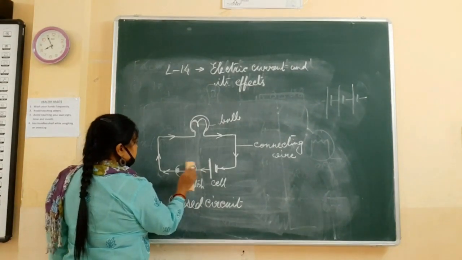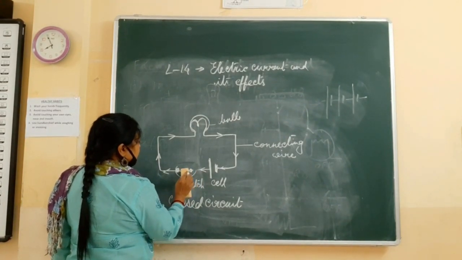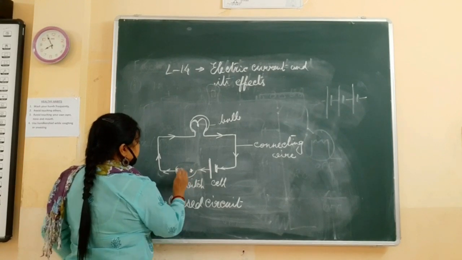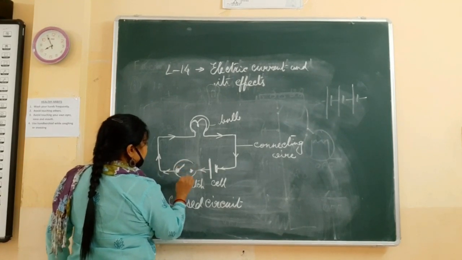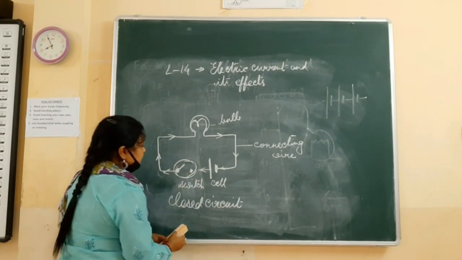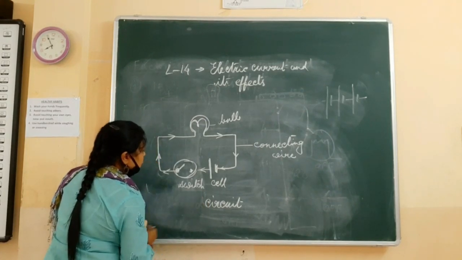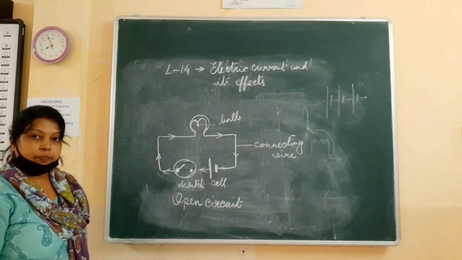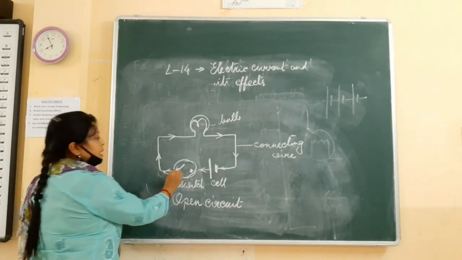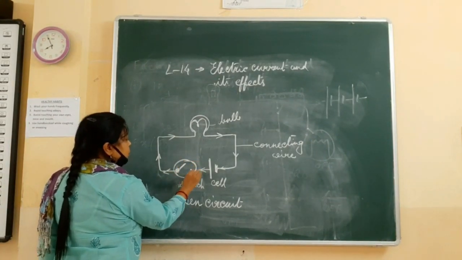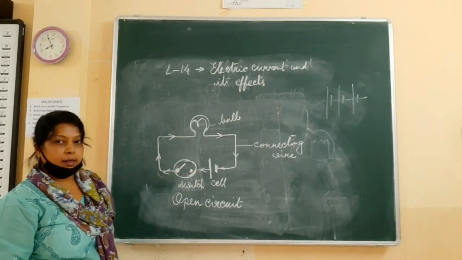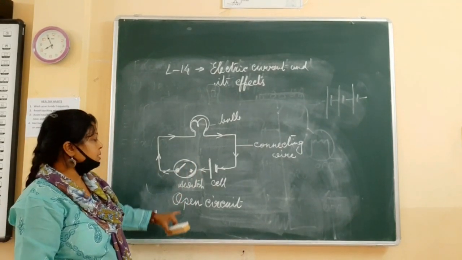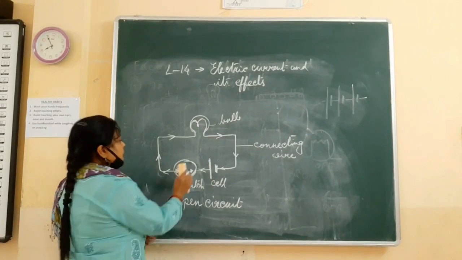Now if there is a break here, then we can say this is an open circuit. That means if the switch is in the off position, not the on position, we can say this is the open circuit.